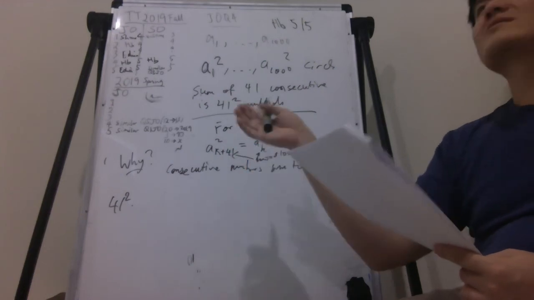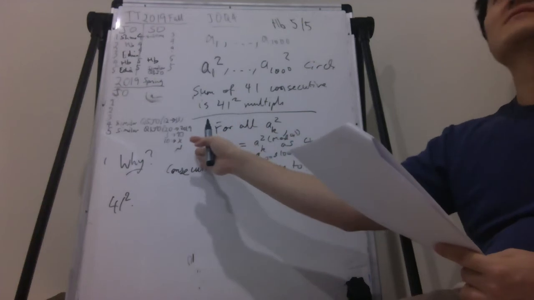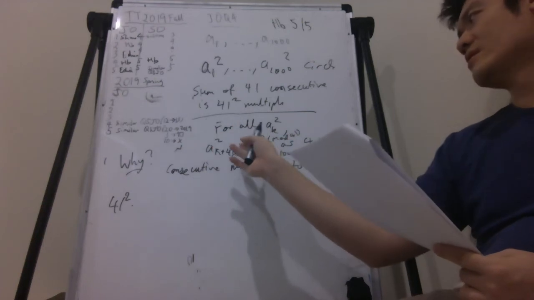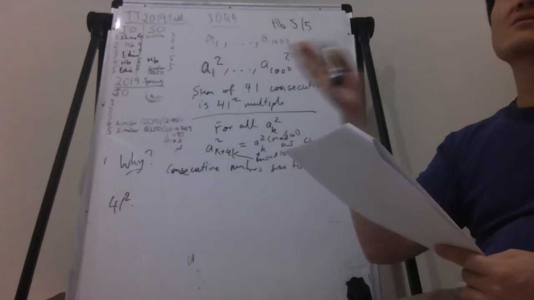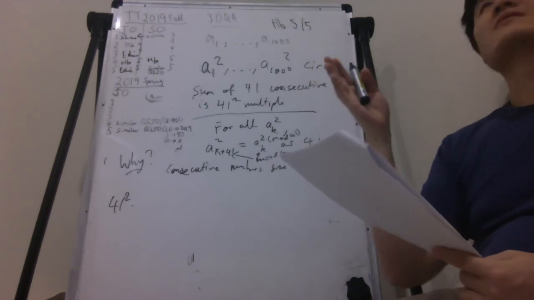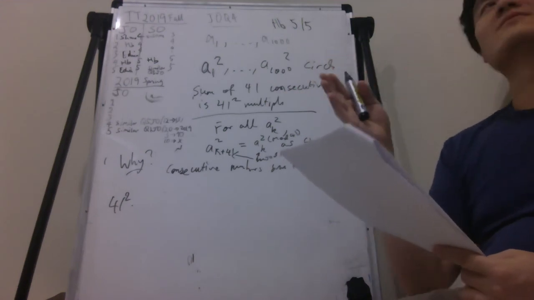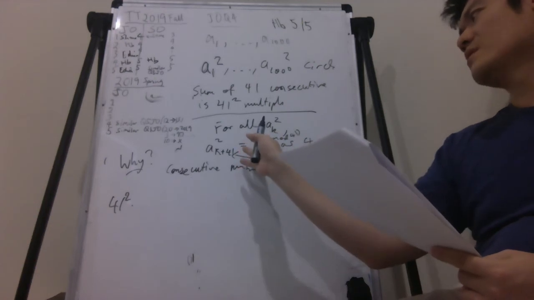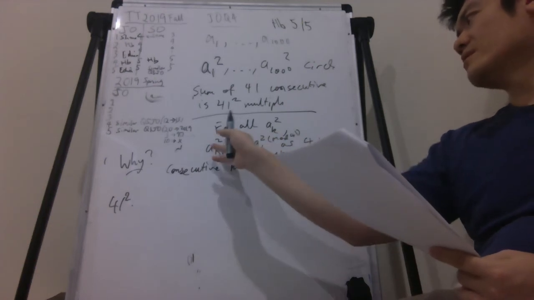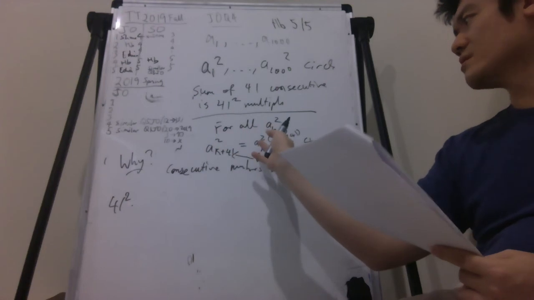So the marker doesn't like to go through the process of figuring that out. Believe me, stuff that you think is obvious, the markers may not think is obvious. So a squared, what does the mod 41 mean?